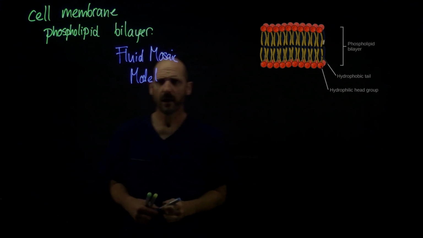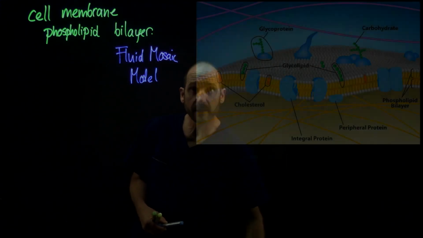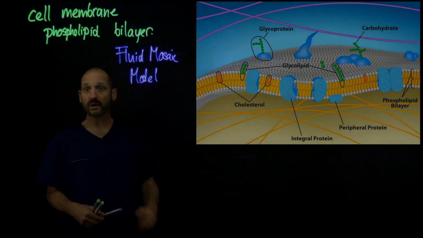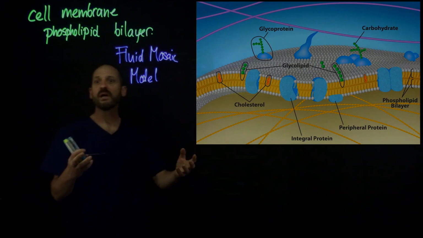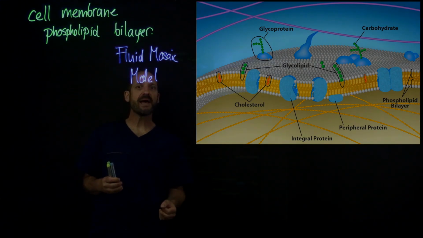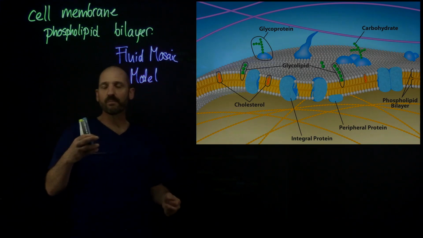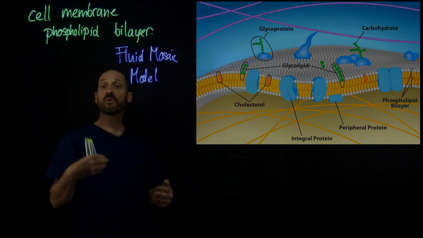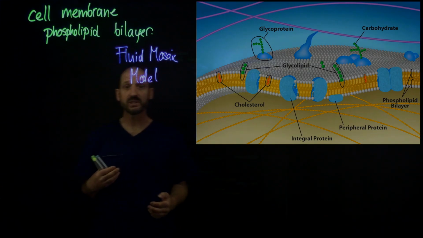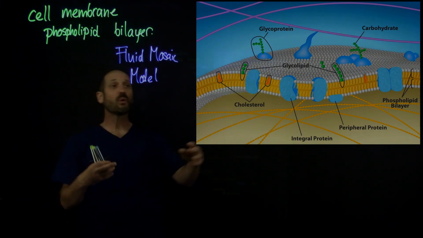That is a very nice model that lets us visualize how the different components, or mosaics, fold around and change positions within the membrane without disrupting its entire integrity. It does that because the inward-pointing tails of the phospholipids create a flexible oil film.